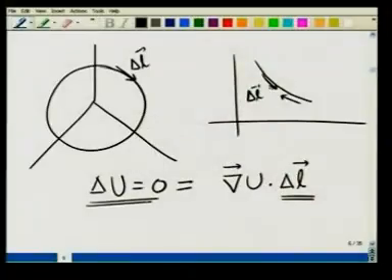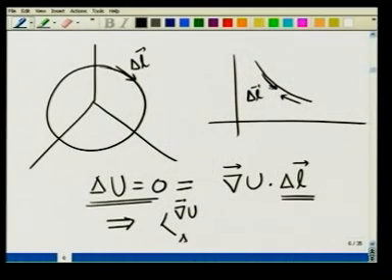Nonetheless, no matter what I take this to be, delta u comes out to be 0 always if I move along a constant energy surface or a contour. And this implies that the angle between gradient of u and delta L along the constant energy surface or contour is equal to 90 degrees.